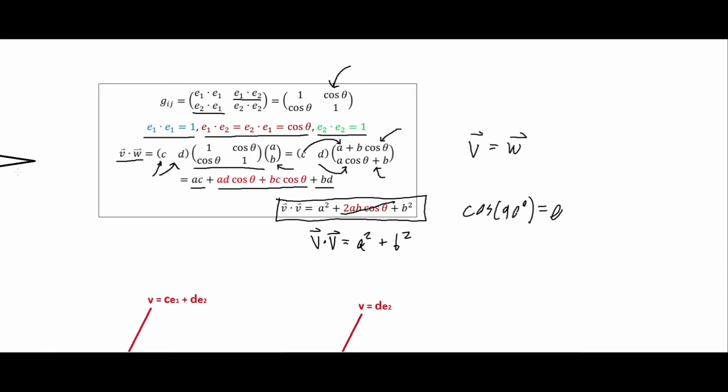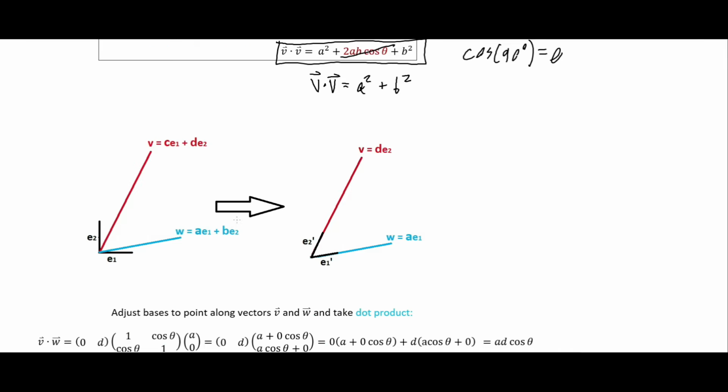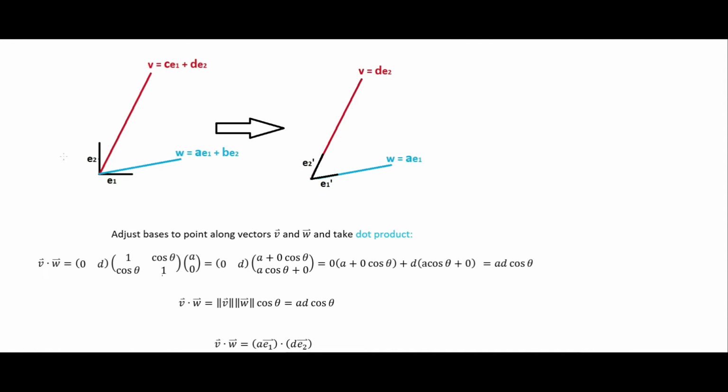And so if we have two vectors that are non-orthogonal from each other, we can just adjust the basis vectors so that they are pointing along our vectors. So here we have v equal to some constant c times e1, because we have to go from here to here, and then plus our component times e2, which brings us up to here.